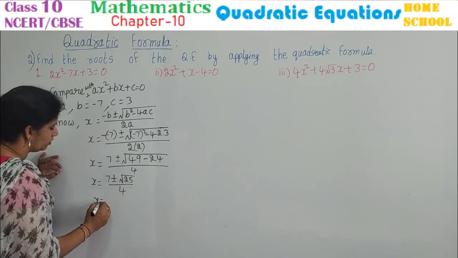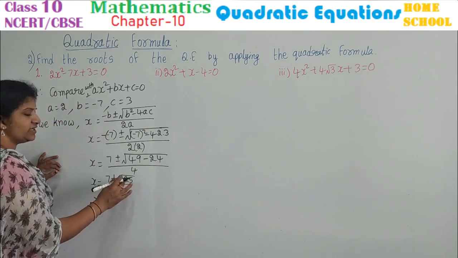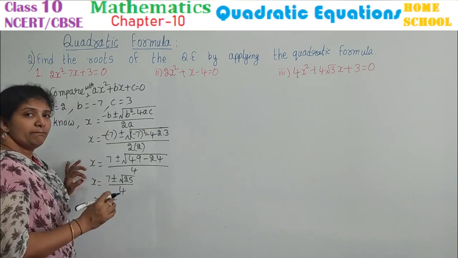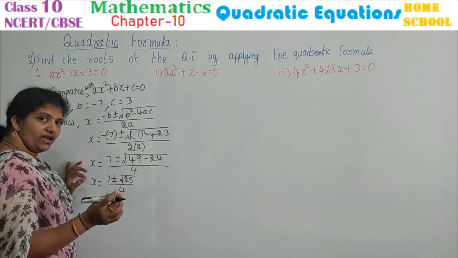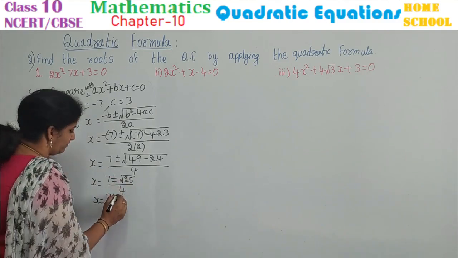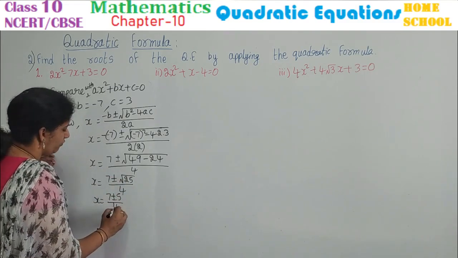x is equal to 7 plus or minus, what is root 25? It is a perfect square. Root 25 value is 5, by 4.